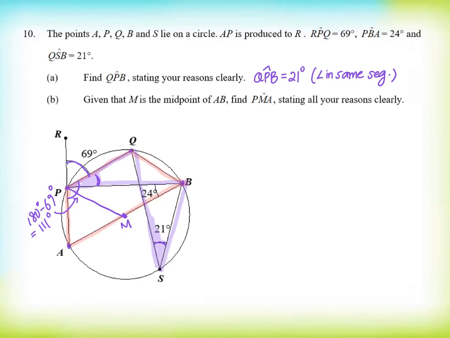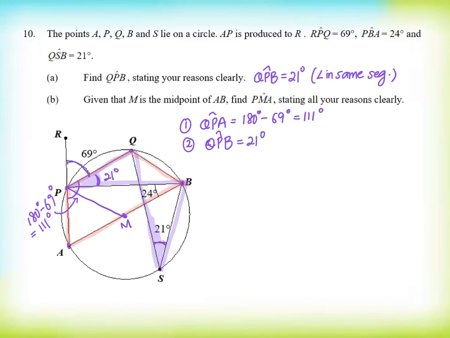Now, what other numbers do I have? I noticed just now I wrote down angle QPA is equal to 180 degrees minus 69, which is equal to 111. And I know from part A that the angle QPB is 21 degrees. So what does that mean?